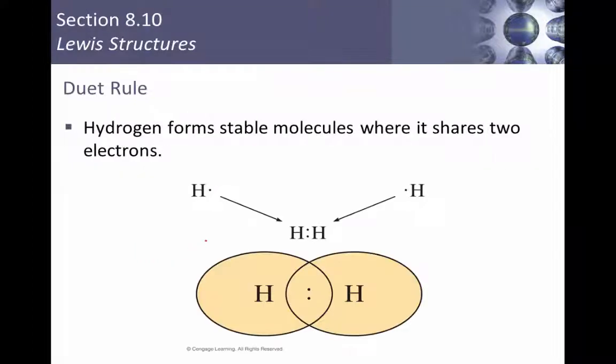And we have to look at hydrogen as an exception because hydrogen only has an s orbital, so it can only share 2 electrons, and it doesn't have a p orbital.